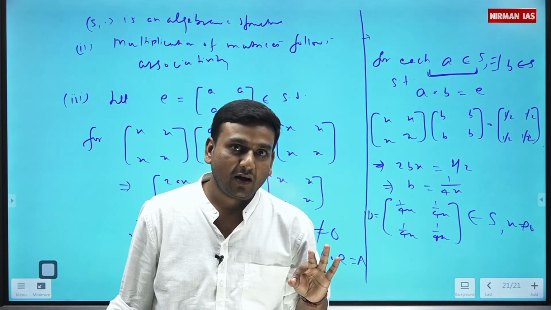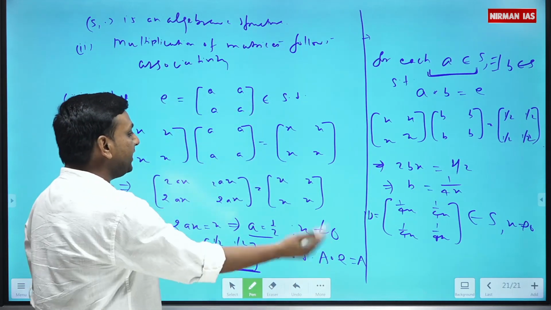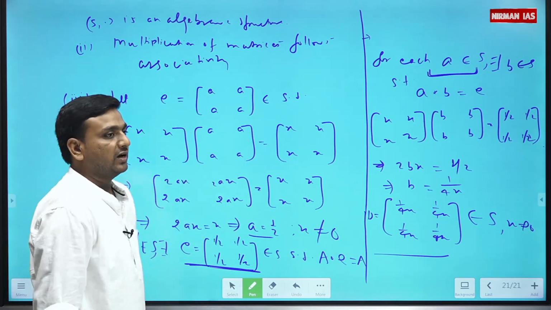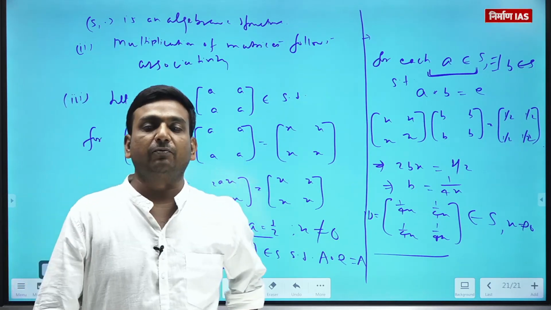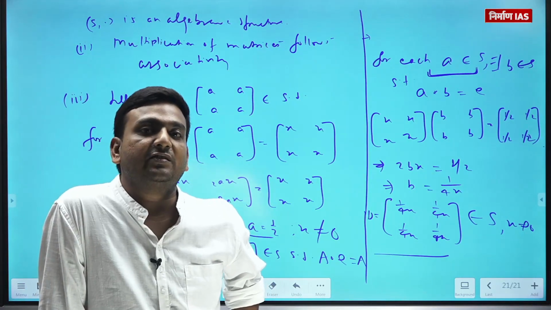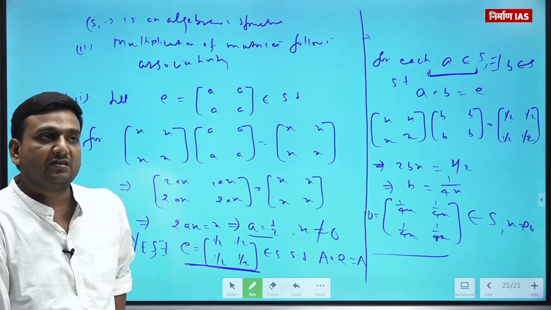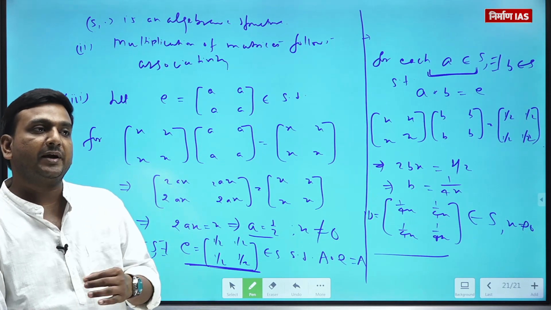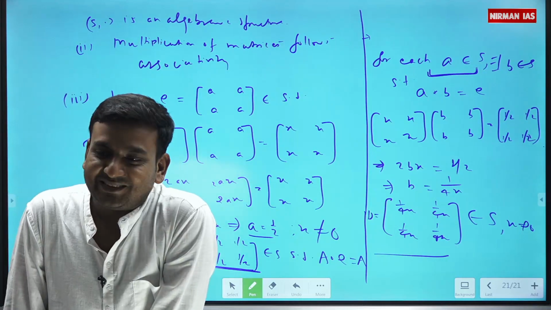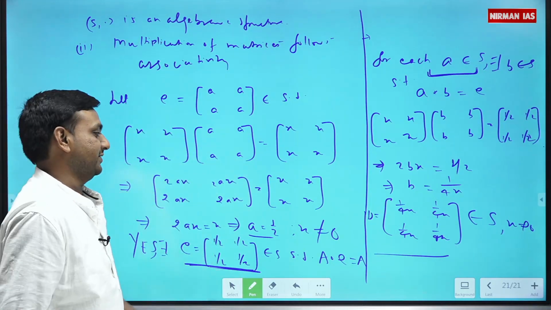Is it clear to you all? So this is a very nice example of a group where you learn how to conclude something from the identity axiom and how to conclude something from the inverse axiom. Identity matrix doesn't mean it is the identity element for each group with respect to multiplication of matrices. Clear? So this is a good example.